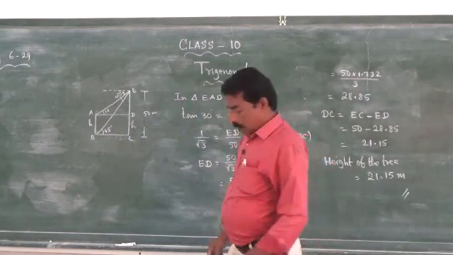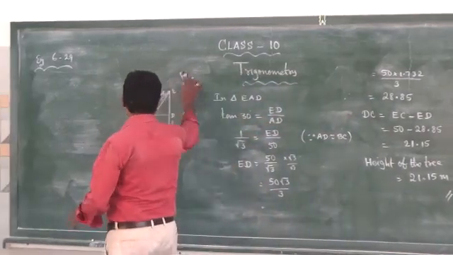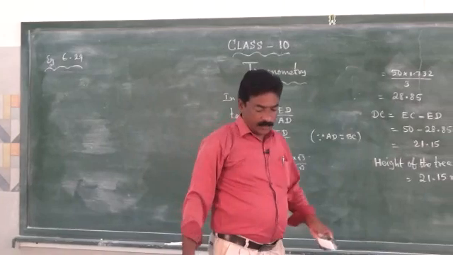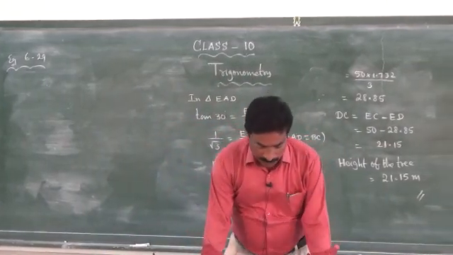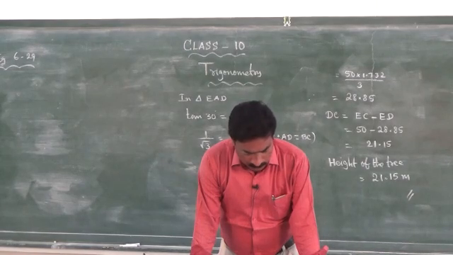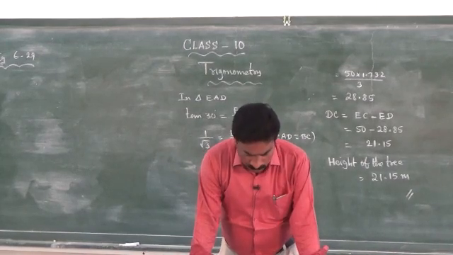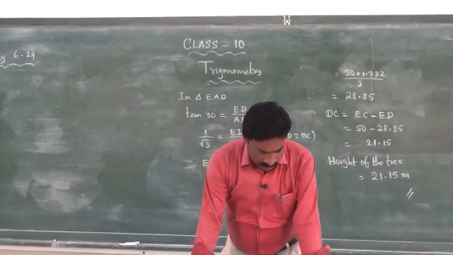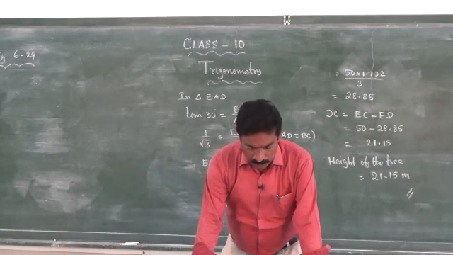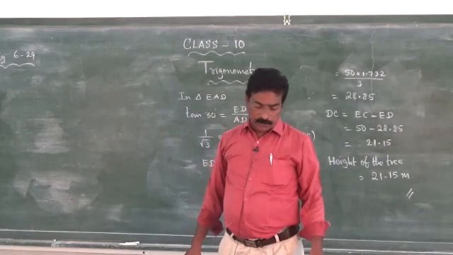So, a lighthouse and two ships. From the lighthouse you are observing two ships. The height of the lighthouse is 60 meters. The angles of depression of the two ships are 28 and 45. If one ship is exactly behind the other on the same side of the lighthouse, you have to find the distance between the two ships.